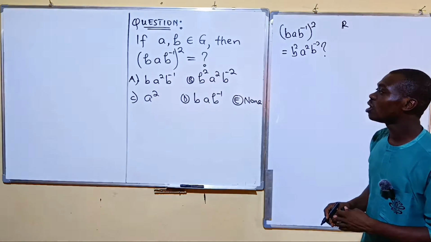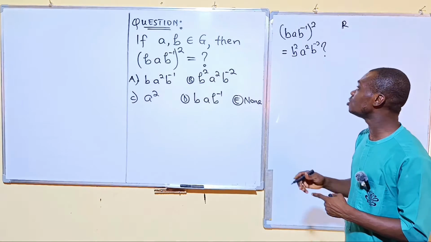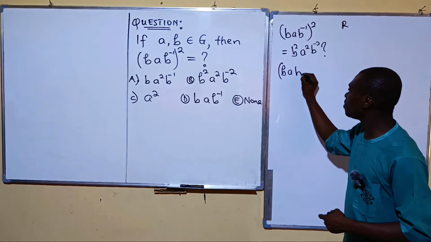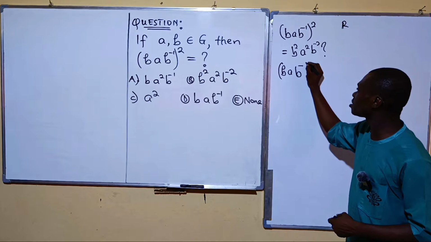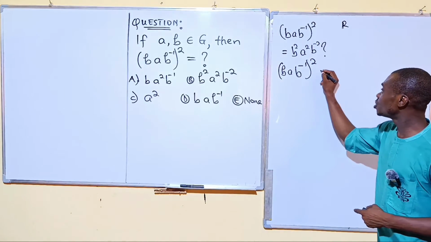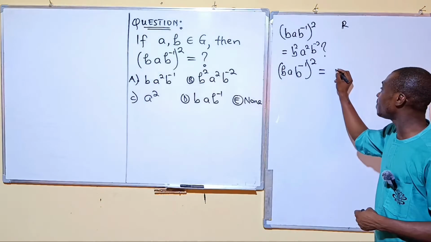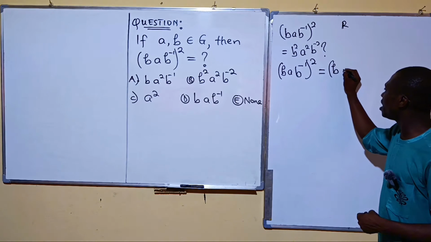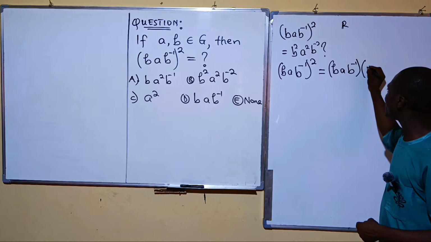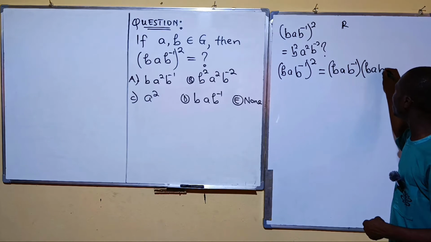So first of all, what are you supposed to actually do? You will start by interpreting what you are given. You have B inverse raised to the power of 2. This is actually the same as B inverse multiplied by B inverse.